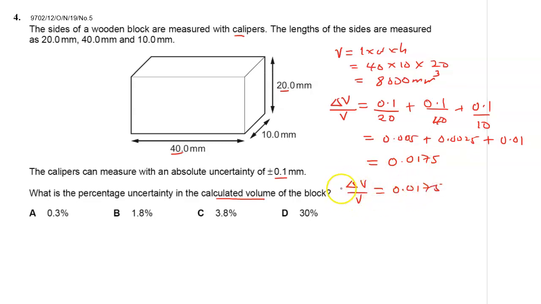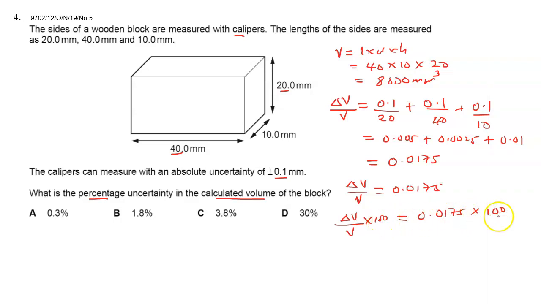Now, we want to calculate the percentage uncertainty. The percentage uncertainty is the absolute uncertainty times 100. So it's 0.0175 times 100.